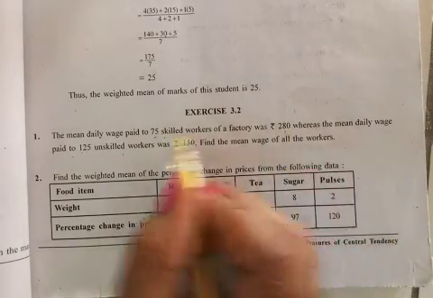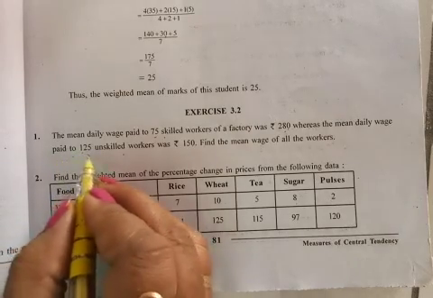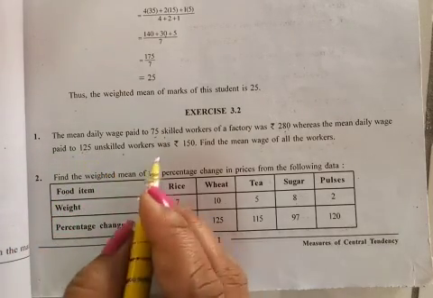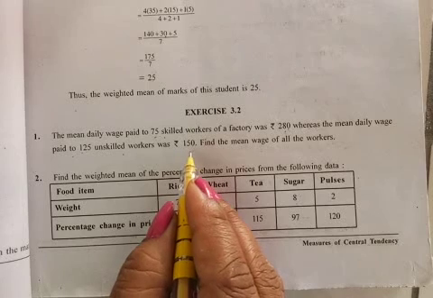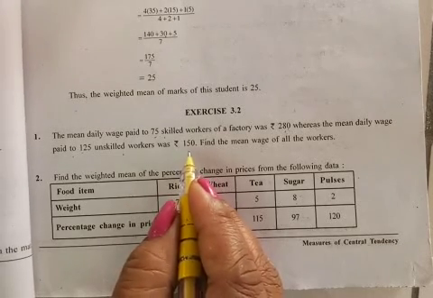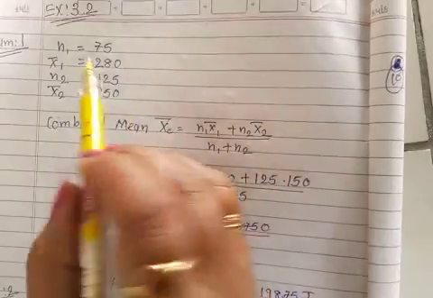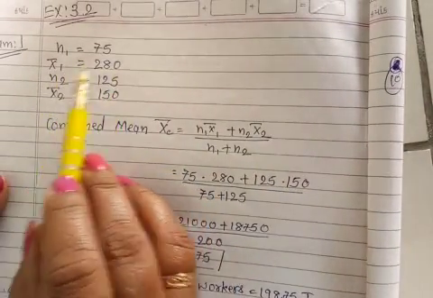Whereas the mean daily wage paid to 125 unskilled workers, this is N2 and its mean is x bar 2, 150. We have to find the combined mean x bar c over here. Now see, N1 75, x bar 1 280, N2 125, x bar 2 150.